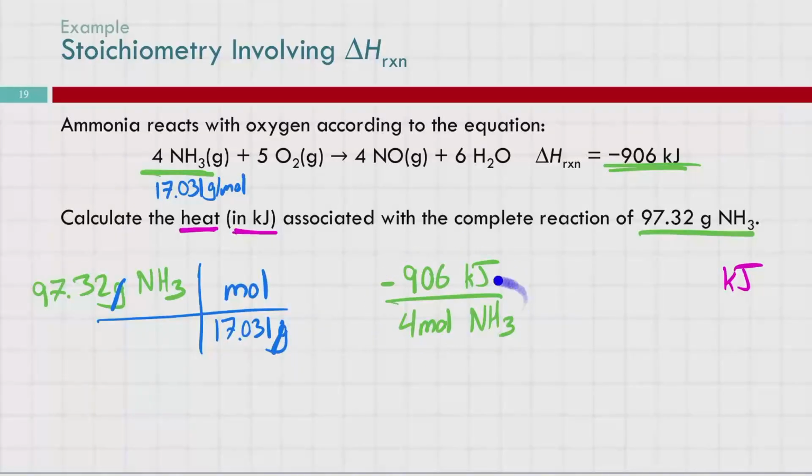Then we use our ratio. Because of our ratio, the NH3 and the moles cancel, and the kilojoules is all that's left. So plug in the calculator, 97.32 times negative 906, divide by 17.031.